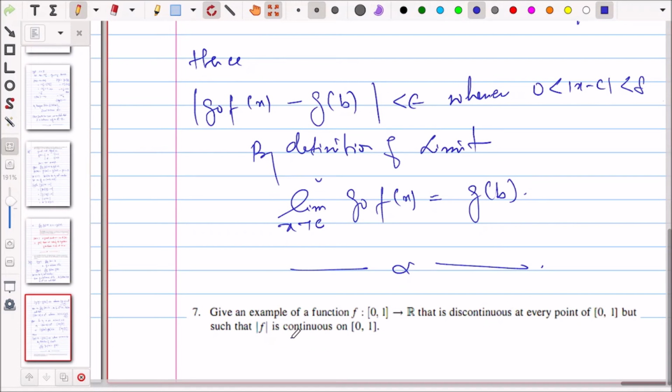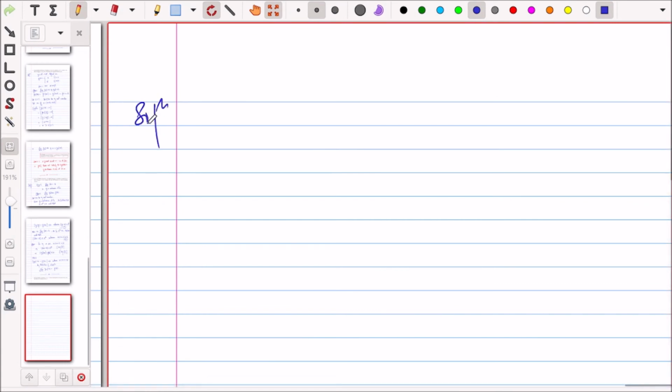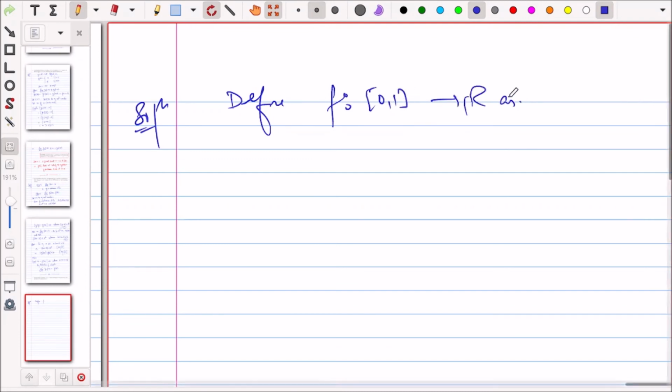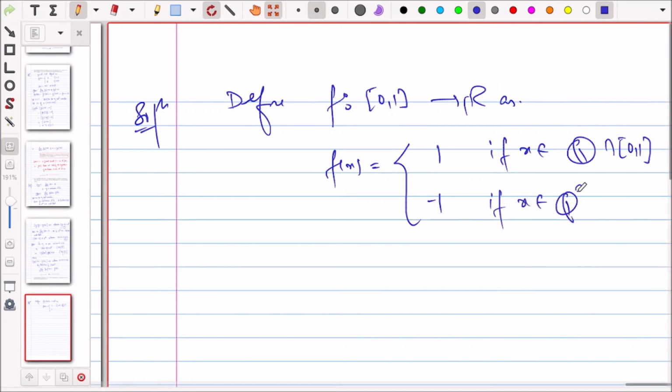Again, you can take the Dirichlet function, because the Dirichlet function is discontinuous everywhere. So define f from [0,1] to R as f(x) equal to 1 if x belongs to Q intersection [0,1], and minus 1 if x belongs to Q complement intersection [0,1].